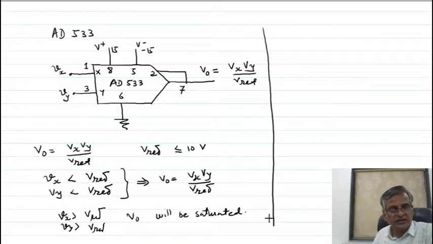I think you understand: the two input signals are always kept less than V reference.